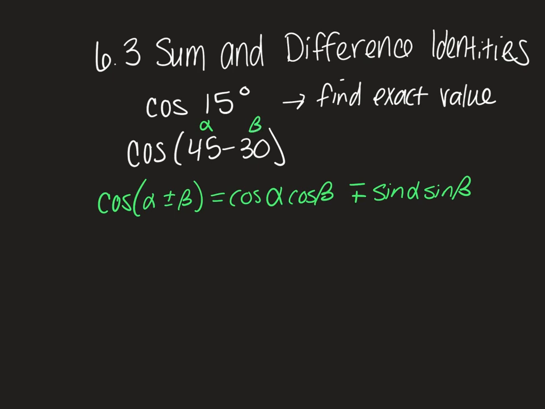Since we have a minus sign here, we're going to have a plus in between the two. If it's a subtraction for cosine, you're going to have the opposite sign in the middle. You just follow whatever sign is in the formula.